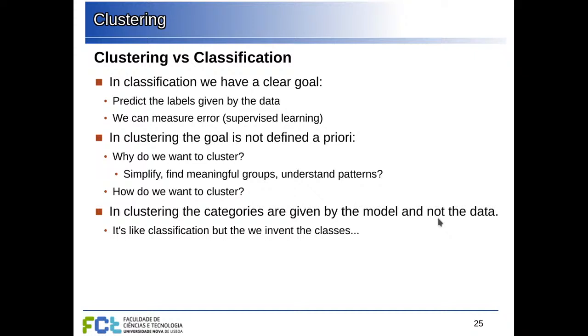But basically, you can think of clustering as a problem where we want to find some classes for the points, some groups where we want to place our examples, but these groups do not exist in the data. We are basically creating them, inventing them in our model when we are clustering the points. So this makes clustering very different from classification, even though the end result may look superficially similar, in that we are assigning points to groups, to clusters, classes, whatever.